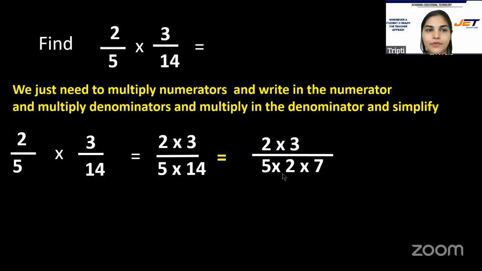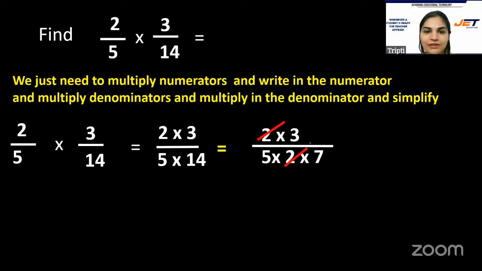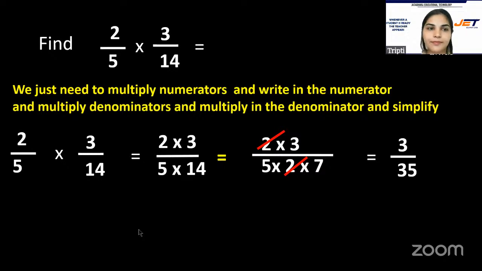Okay, right now, over here, 2 cancels by 2, 3 by 35. And this cannot be further reduced, so that will be the only answer. All right. That's how you can do it. So multiplication is the easiest in fractions, I must say.